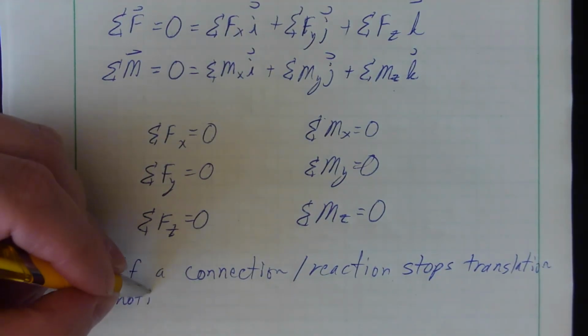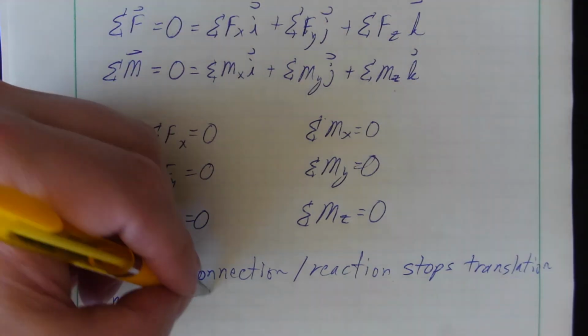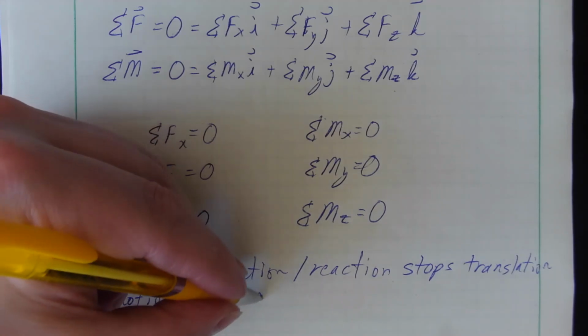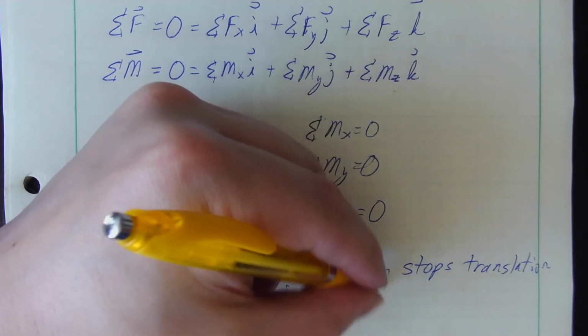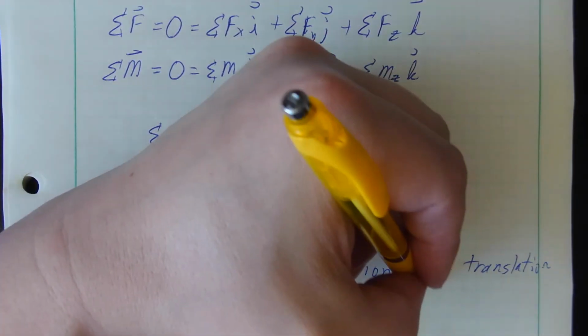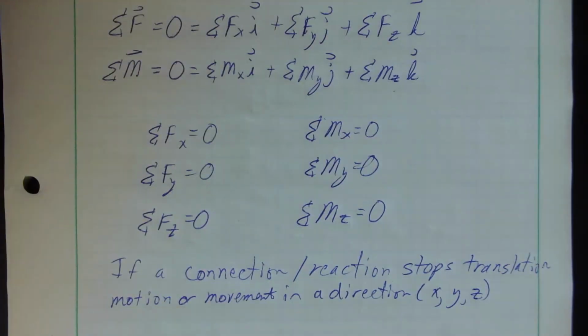That's sliding motion or linear motion, if you will, or just what we would often just refer to as movement in a direction, meaning X, Y, or Z.